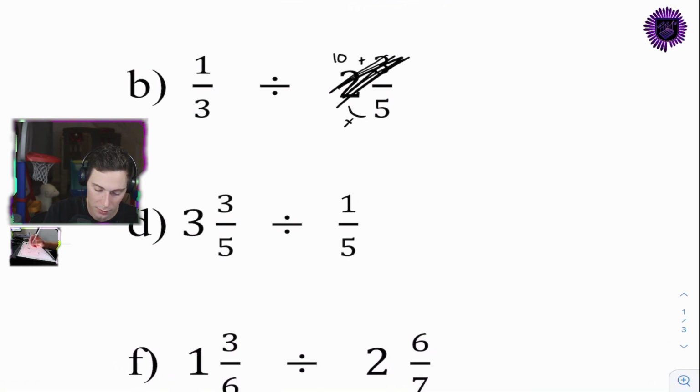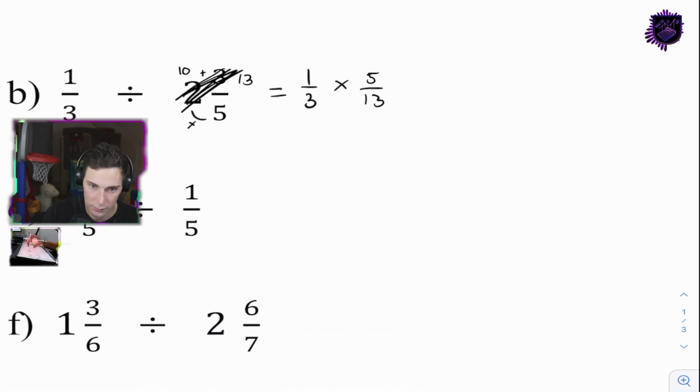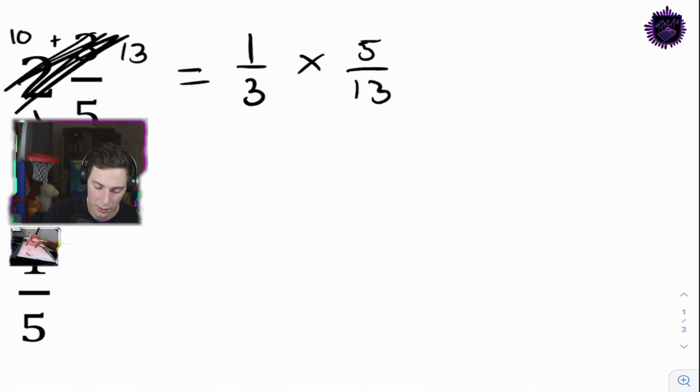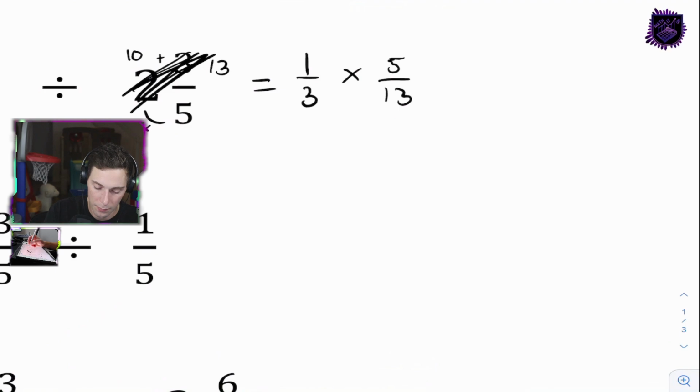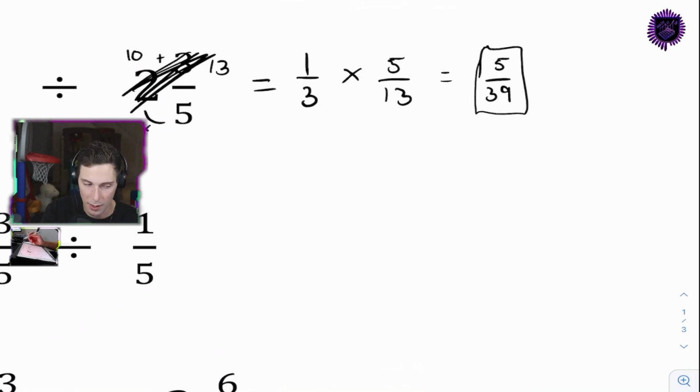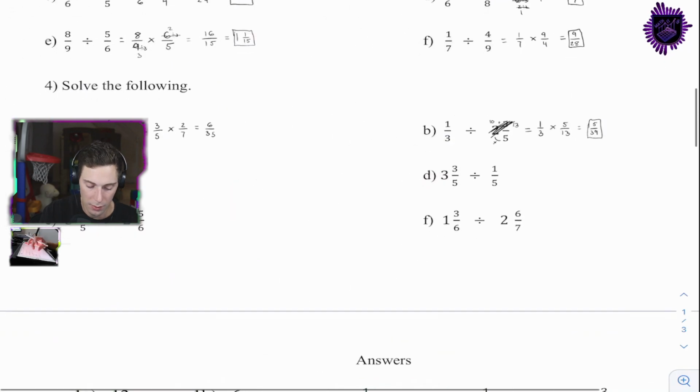So this is going to equal 13. We're going to change this into 1/3 multiplied by 5 over 13, which will then equal 5/39. 13 times 3. Yeah, that's our answer. Can't simplify that.